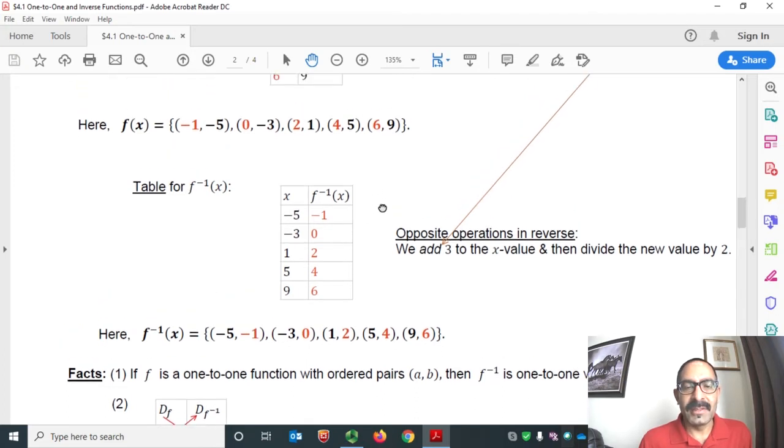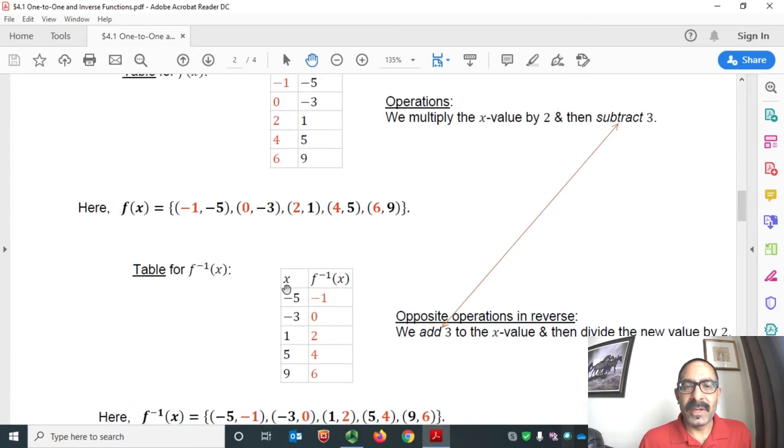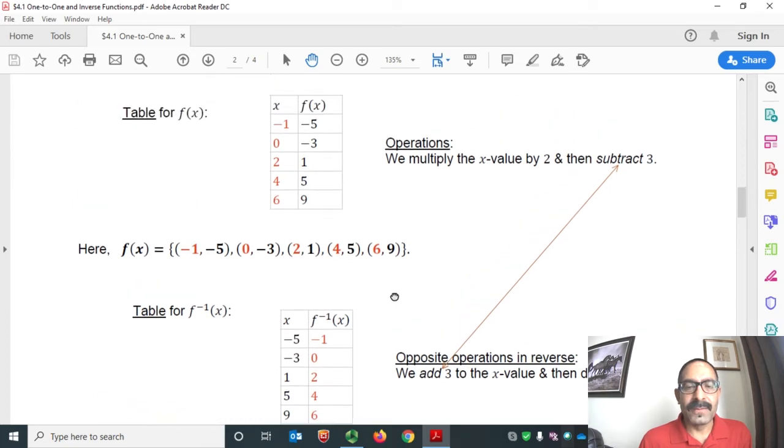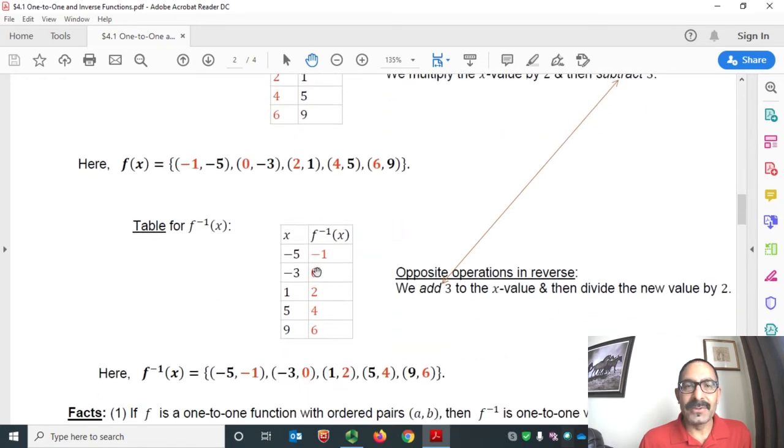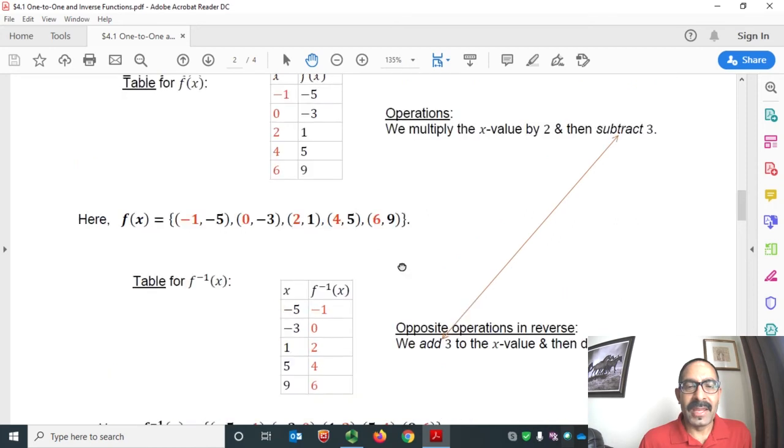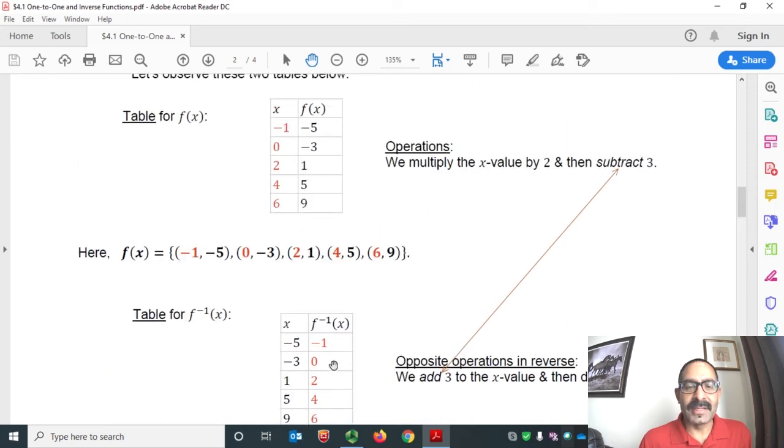So that means we pick our input from the range of f(x), and we get the values in the domain. I hope this makes sense to you all. That's why I put this different color here.